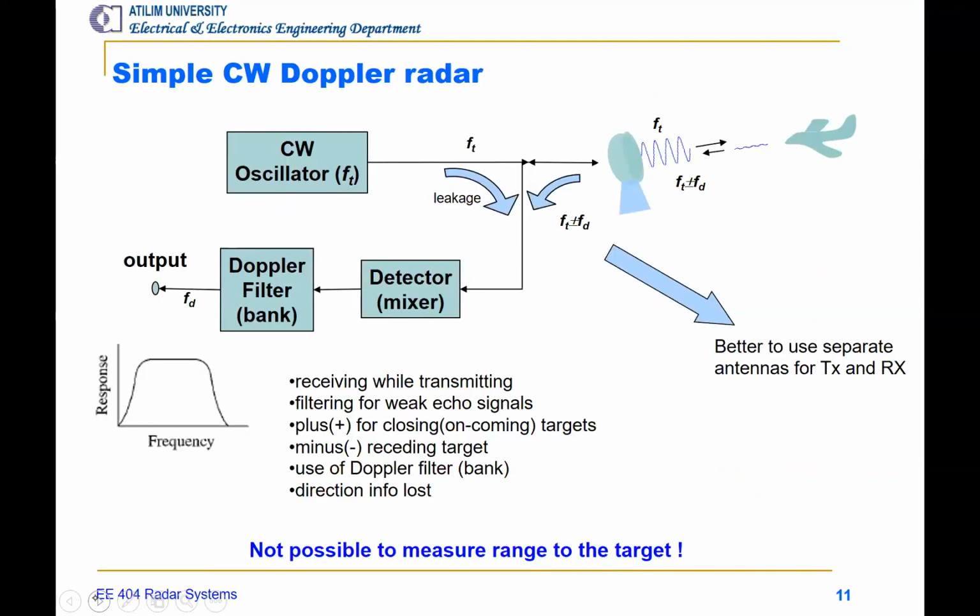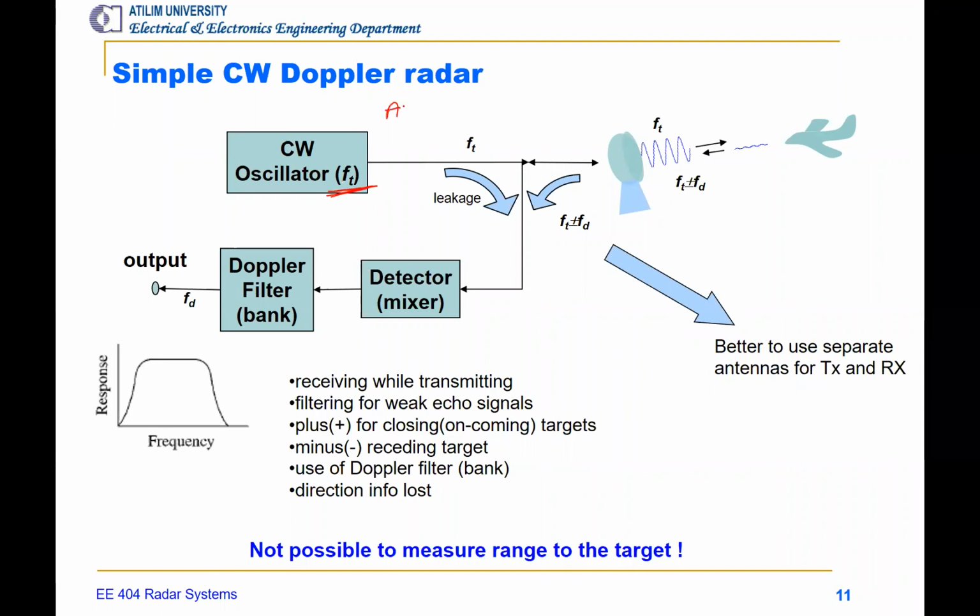Okay, here we see a simple continuous wave Doppler radar. This uses Doppler effect again. It's a very simple block diagram. Of course, in practice, this is quite complicated. Just to give the idea here, we have an oscillator where we generate a sinusoid.